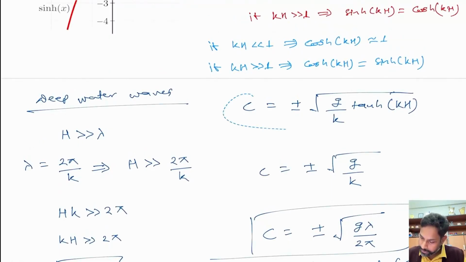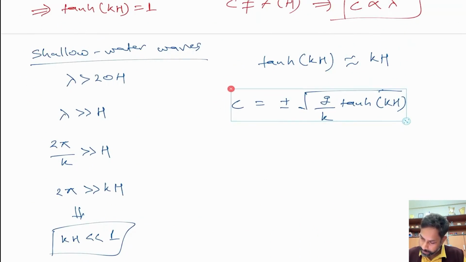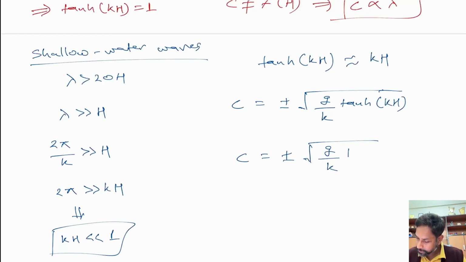And that is why, now when we consider the wave speed, we can simply write c to be plus minus square root of g times k times h over k, and k here obviously cancels, and your c becomes equal to plus minus square root of gh.